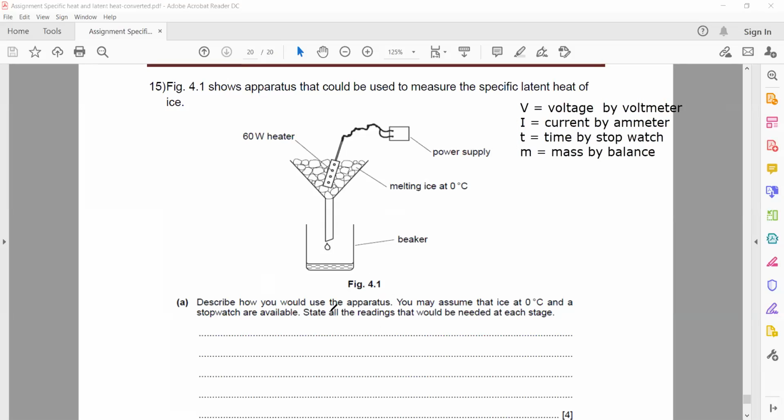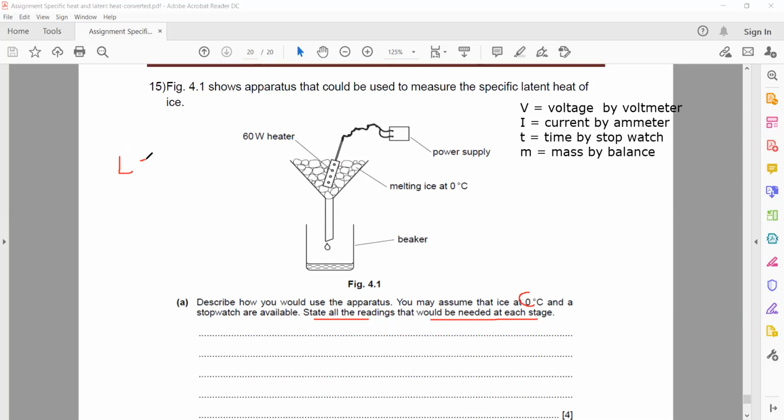So describe how you would use the apparatus. You may assume that the ice at 0 and the stopwatch are available. State all the readings that you need in each stage. So how will we use this apparatus to calculate the specific latent heat of fusion for ice?